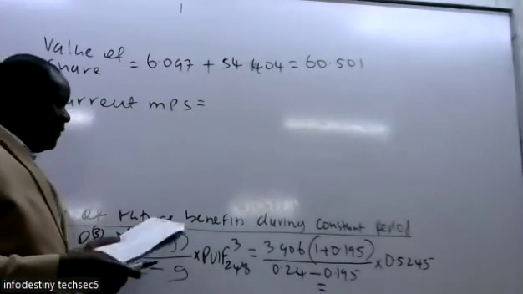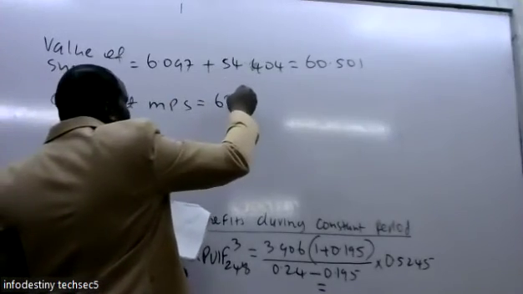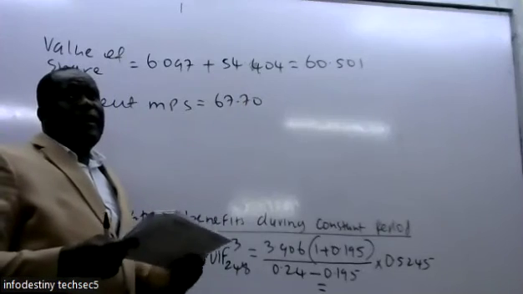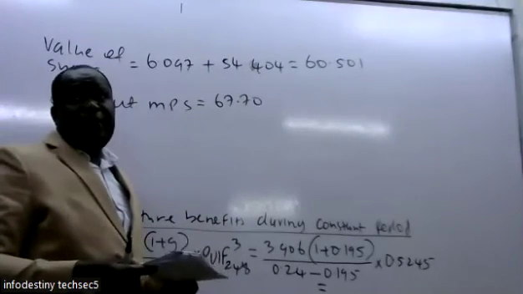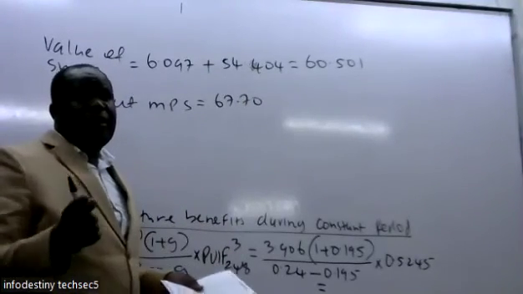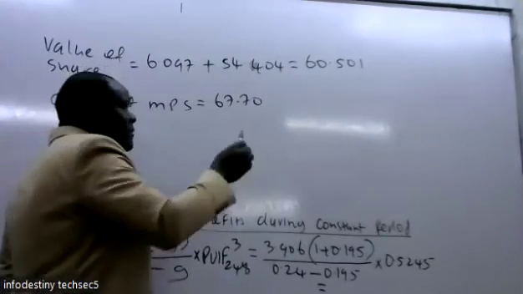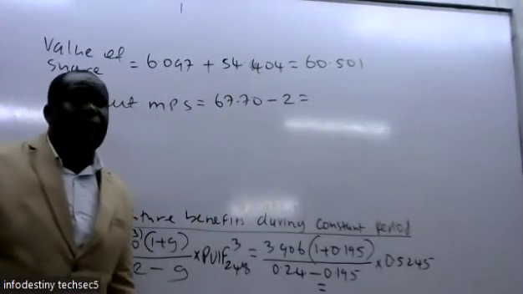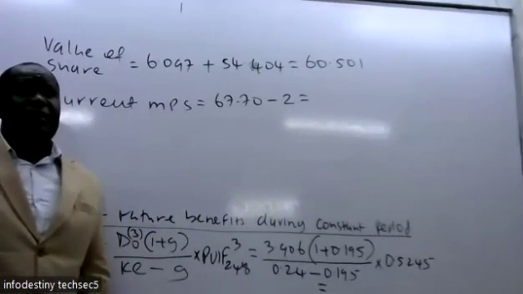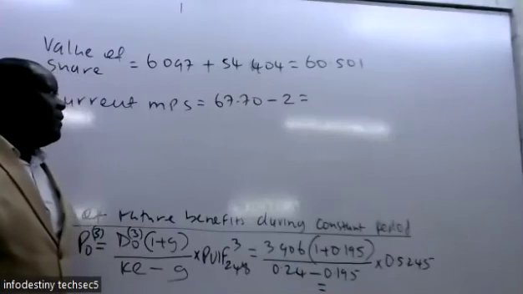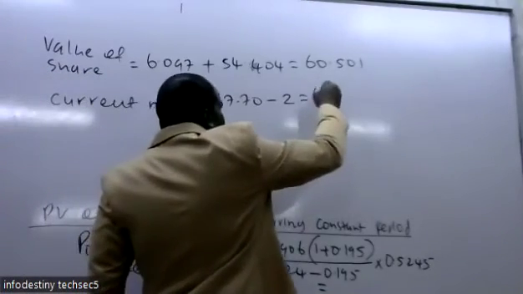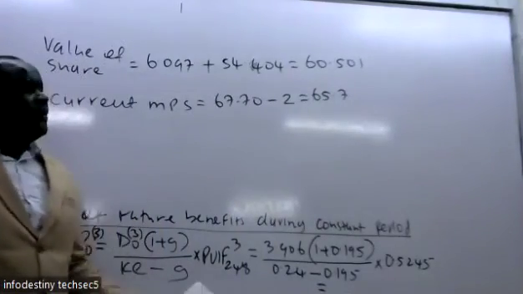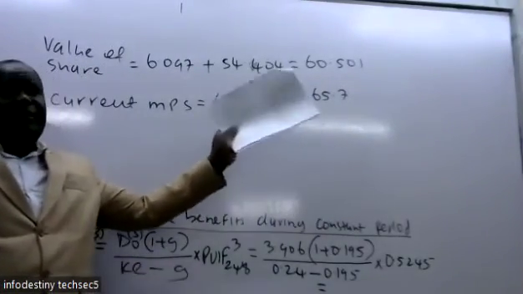It was 67.7, but that one is cum dividend, and we require ex dividend. You subtract the dividend we calculated for the year 2017, which was 2 shillings. So we end up with 65.7.